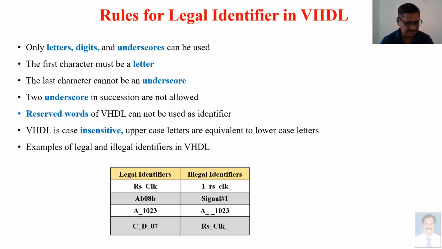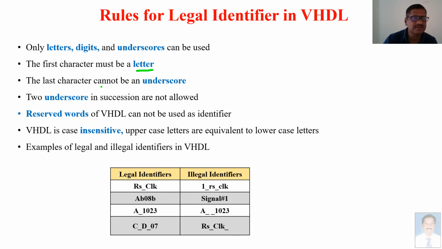In the entity declaration part, before going into that, we must know what the legal identifiers are. Here I will discuss the rules for a legal identifier in VHDL. Only letters, digits and underscores can be used to name any input port, output port, or any legal identifier in the VHDL language. The first character must be a letter.